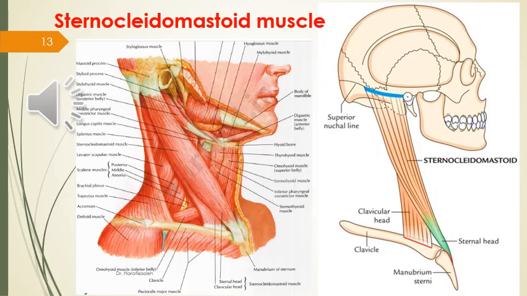If it contracts on one side, it brings the head closer to the same shoulder. If both sides contract, it plays an essential role in flexing the neck. If we fix the head, it can elevate the sternum and act as an accessory muscle of respiration. Pay attention to its function.